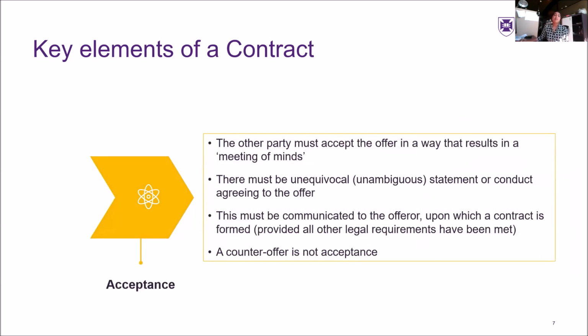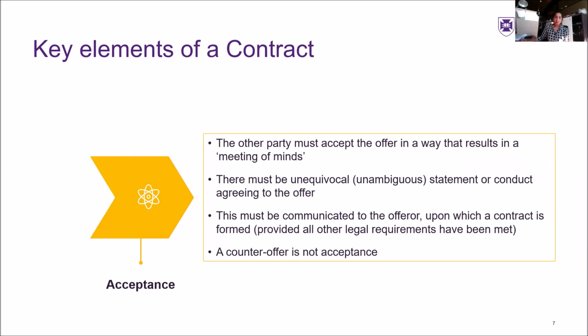So provided we have had an offer that has been correctly made, the second element essential to creating a binding contract is acceptance. An offer must be accepted in order for a valid contract to come about.